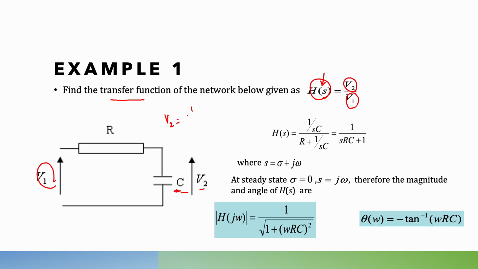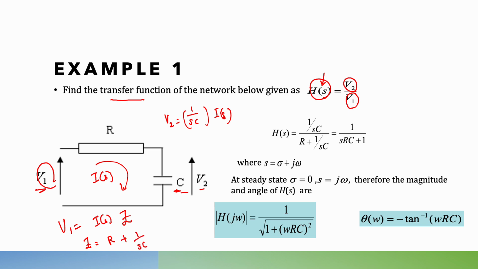V2 is equal to 1 over SC multiplied by I(s), the current flowing inside this network. V1 is the result of I(s) multiplied by the impedance. The total impedance is the resistor plus the capacitor.